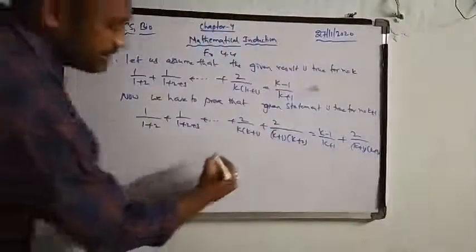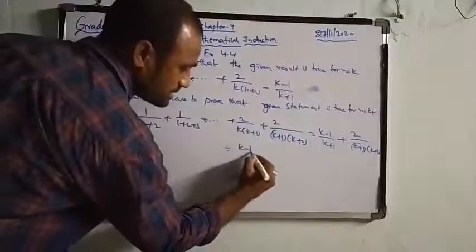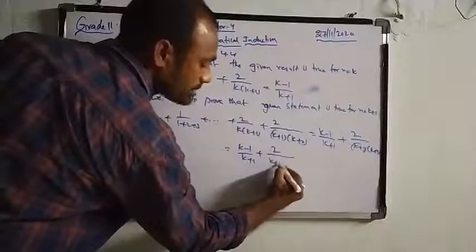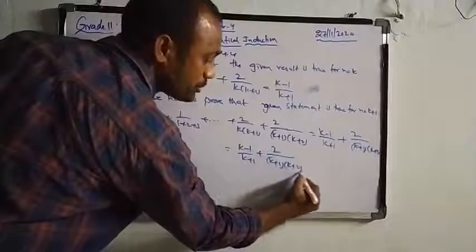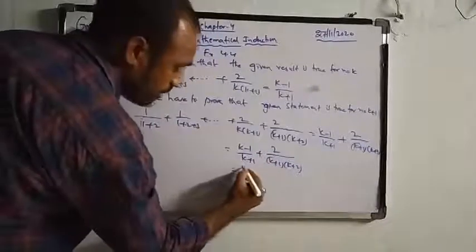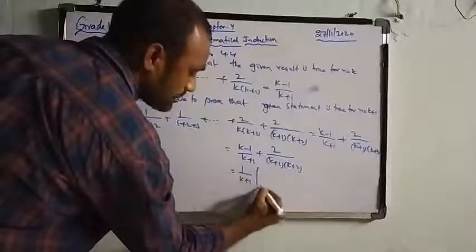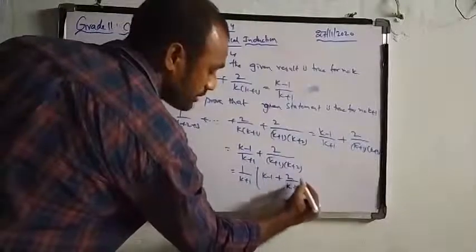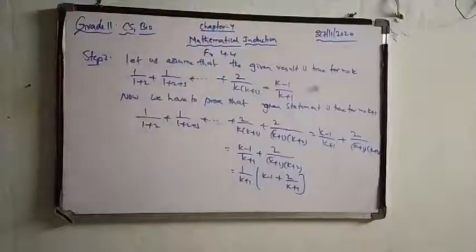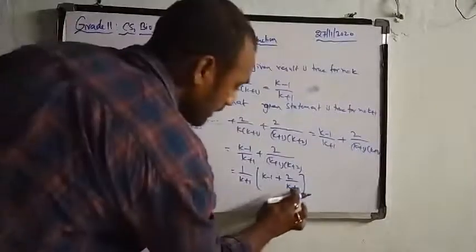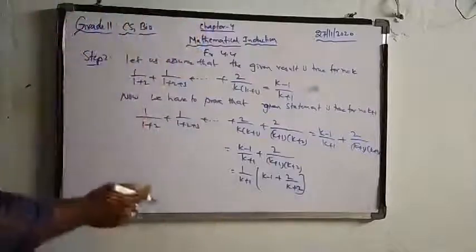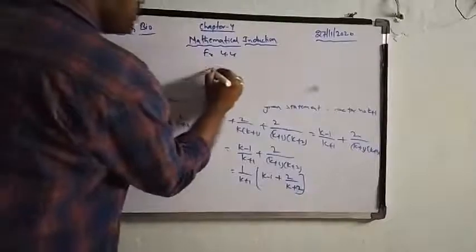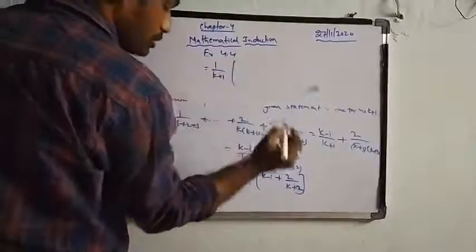So let us simplify the right hand side. That is (k−1)/(k+1) + 2/((k+1)(k+2)). I can take 1/(k+1) as common. So we can make it k+2 here, so the LCM is k+2.